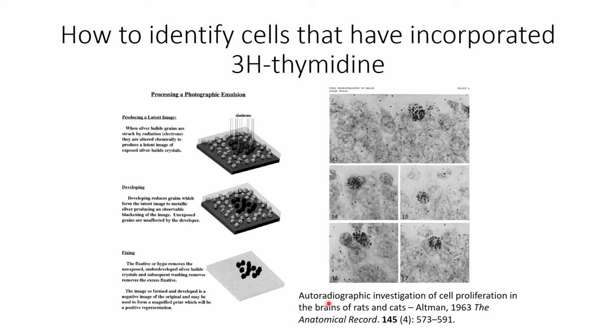And here are examples from one of Altman's studies, an autoradiographic investigation of cell proliferation in the brains of rats and cats. So he followed up with another study showing the same thing that he had shown in 1962, examples that look like neurons.